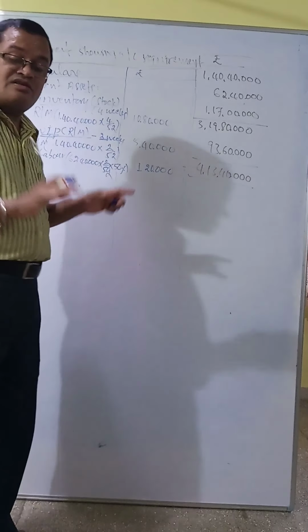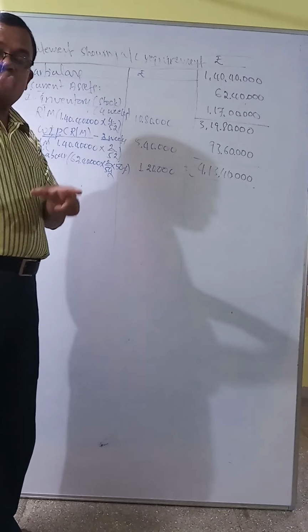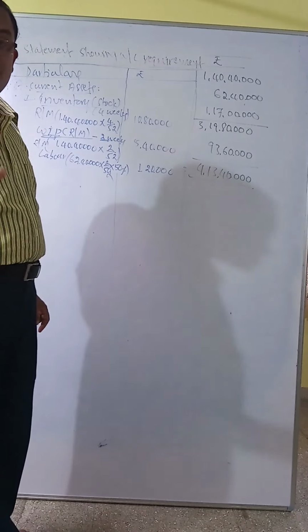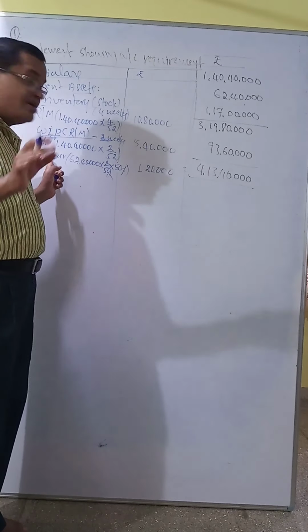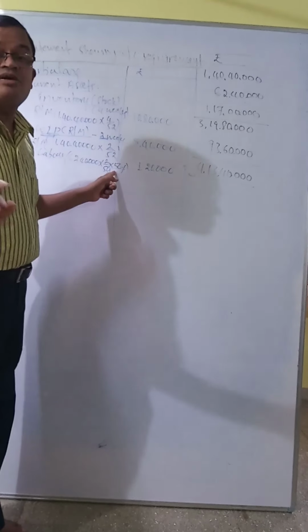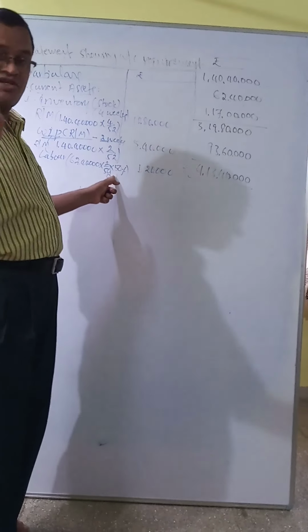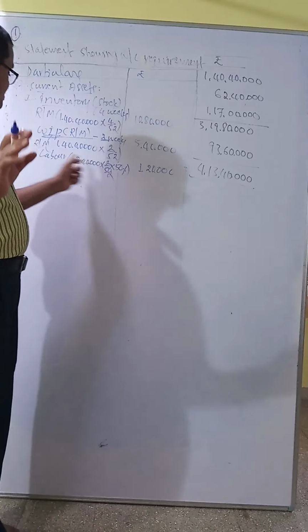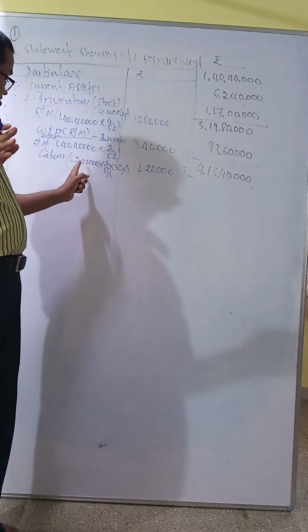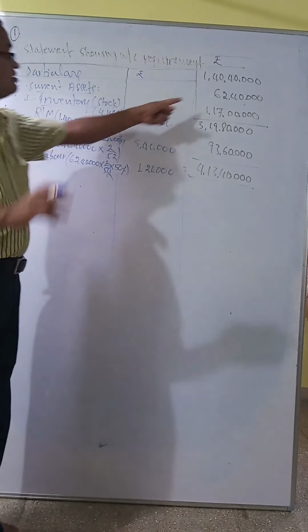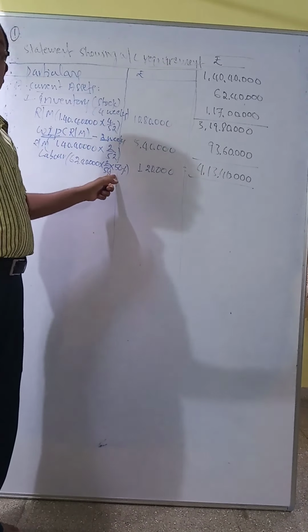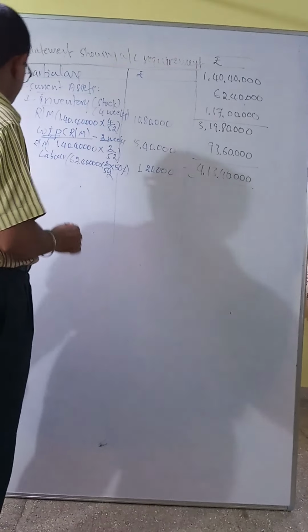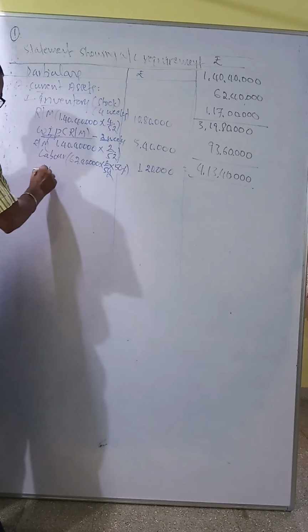They issue raw material, the material is progressing, processing, but still they didn't get the finished output. That's why for labor and overhead, you have to take 50%, common whether it is given or not in the question. In all problems, this work in progress labor is 2 by 52 into 50%. So 1 lakh 20,000.